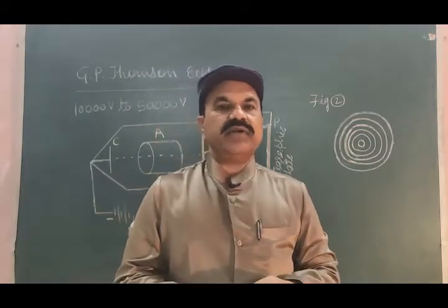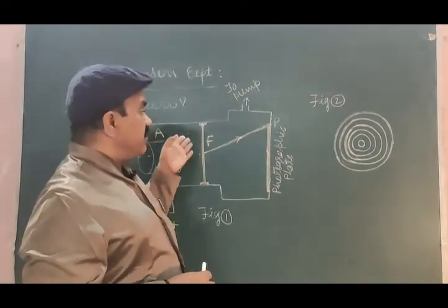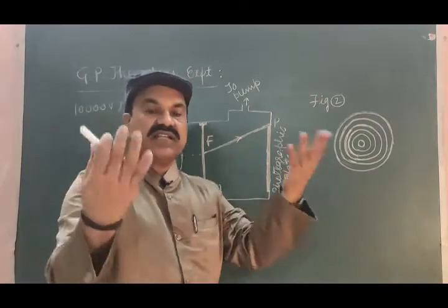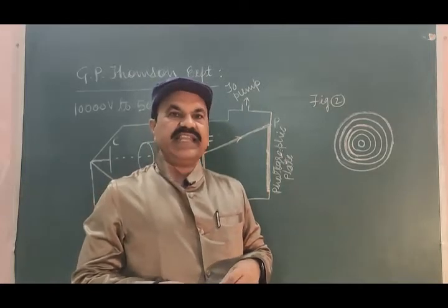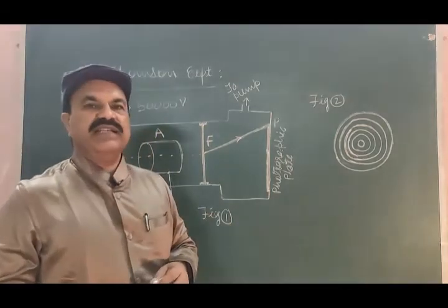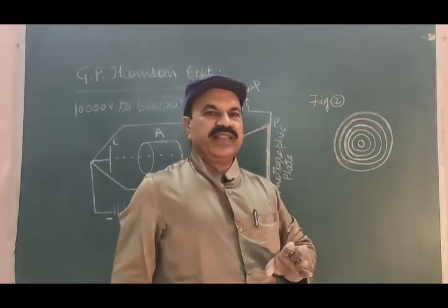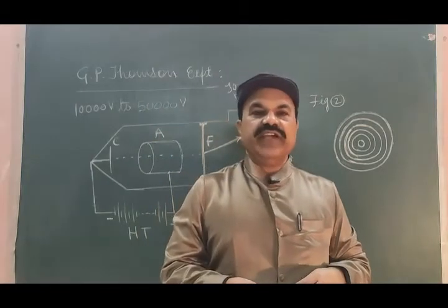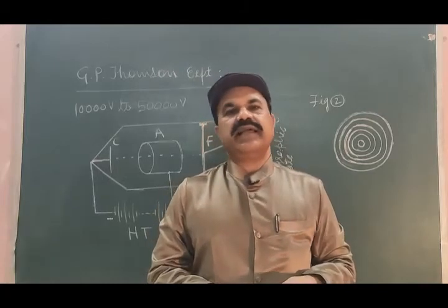It is reasonable to expect that when highly energetic electrons are bombarding a metallic plate, X-rays might have been generated. When highly energetic electrons bombard this microfilm, X-rays might have been generated, and this pattern obtained by J.P. Thomson with the help of very highly energetic electrons may be due to X-rays.